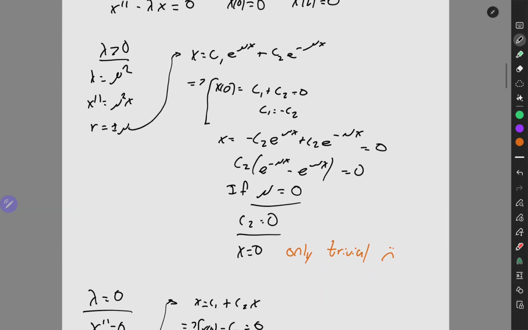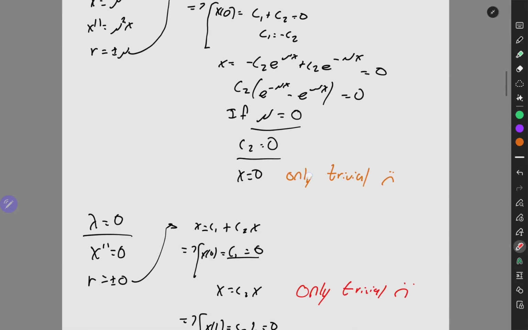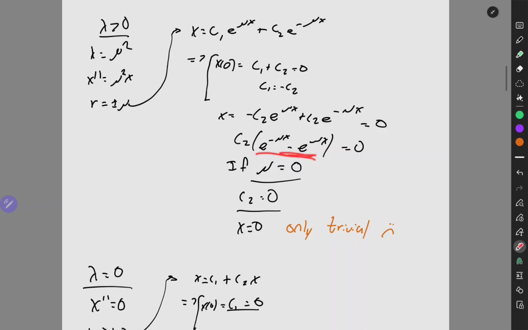Sorry, you know what? I kind of explained this badly up here real quick. This right here. The only way for this portion to be 0 is if mu is 0, right? If mu is 0, we're left with C1 plus C2. Now we know C1 is equal to negative C2. Negative C2 plus C2 is equal to 0.